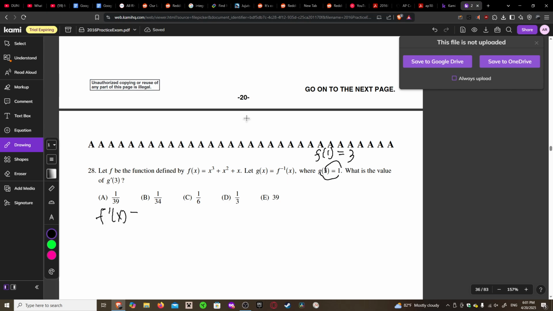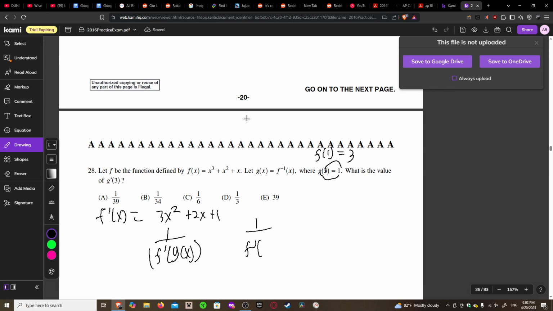f prime of x is equal to 3x squared plus 2x plus 1, so that must mean that 1 over f prime of g of x, and we've already established g of 3 is 1. So 1 over f prime of g of x, which is 1.